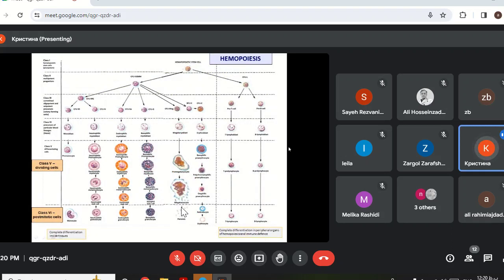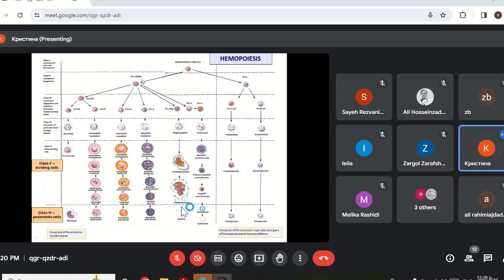Another example of this table: hemopoiesis or hematopoiesis is subdivided into 6 classes. Here we have cells of 6 classes. Class 1 is the hematopoietic stem cell. It is pluripotent. It can become any of the blood-formed elements.